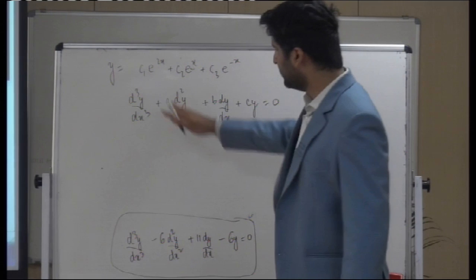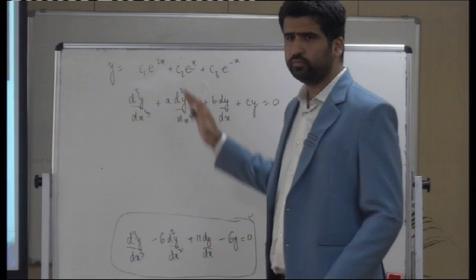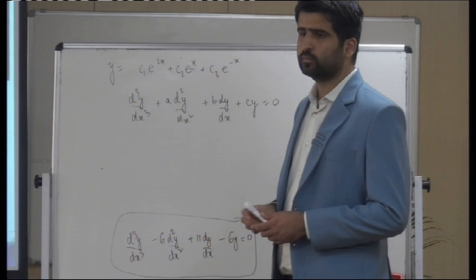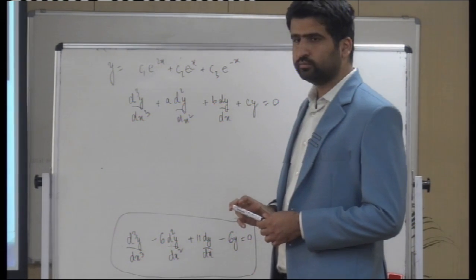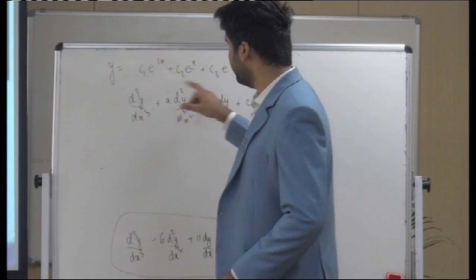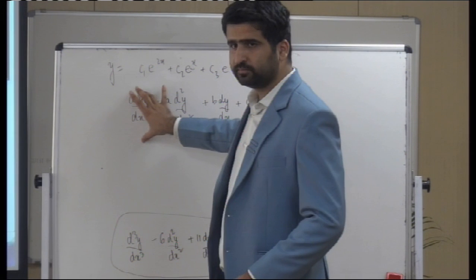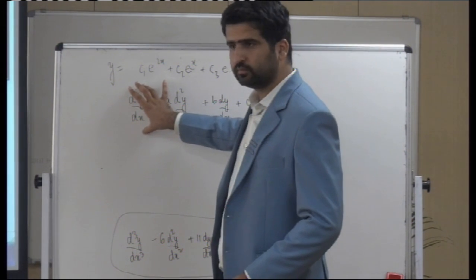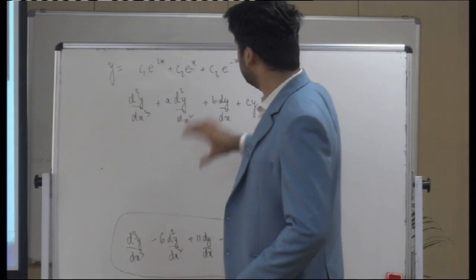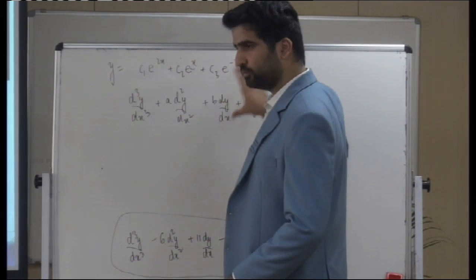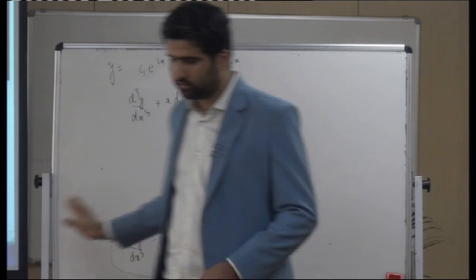So if you know that this is a solution for this equation, what to do? Put the value, right? So we'll put the value of y over here. First we'll differentiate it 3 times, and we'll put the value over here. Then 2 times, put the value here. Then single time, put the value here, and then put the value of y straight over here.